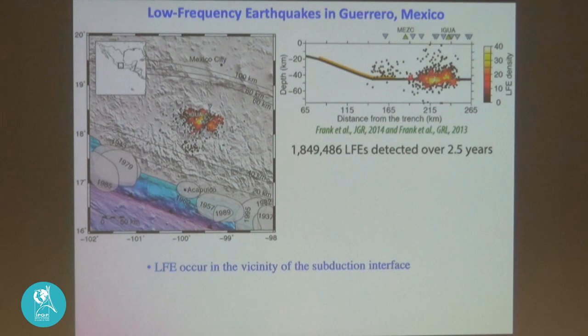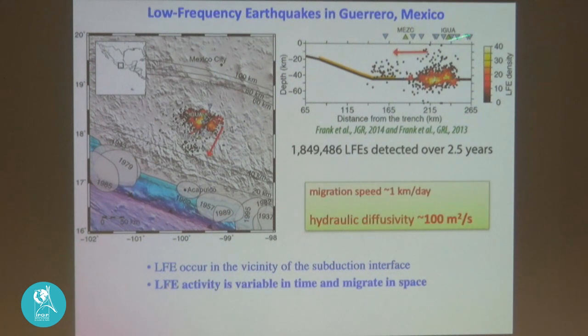But then if we look at the spatiotemporal distribution of these earthquakes, sometimes we can identify migrations. Again, I skip the details, but what I show you is that sometimes we see the migration of seismicity in this direction, and with this speed.